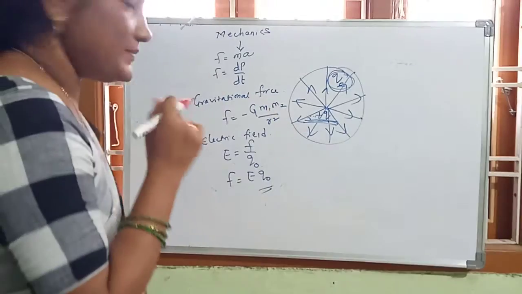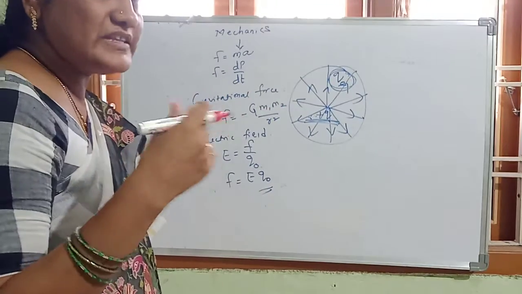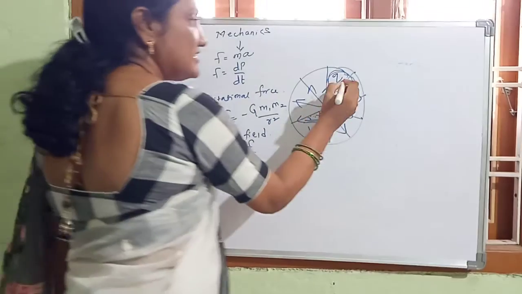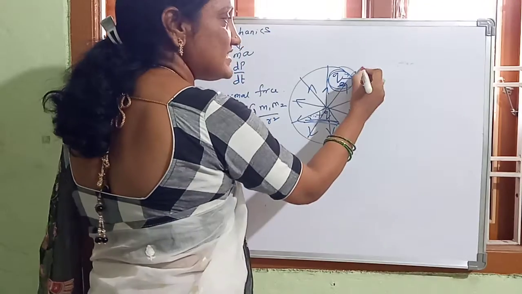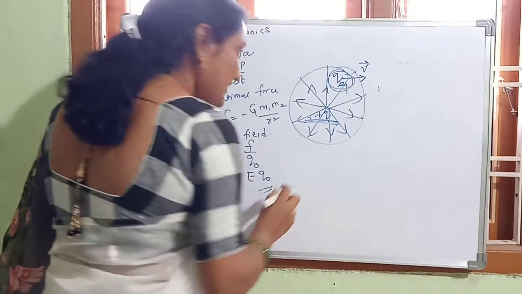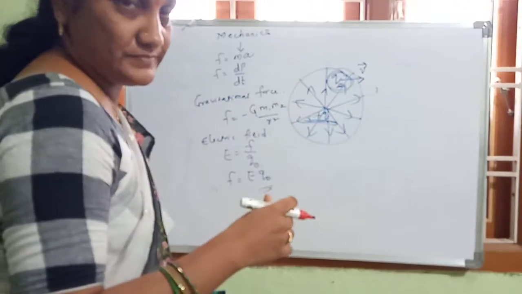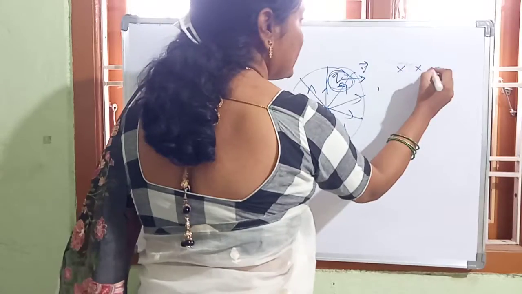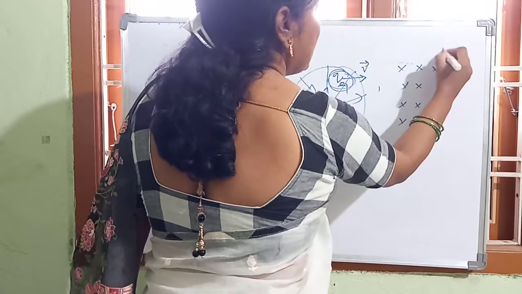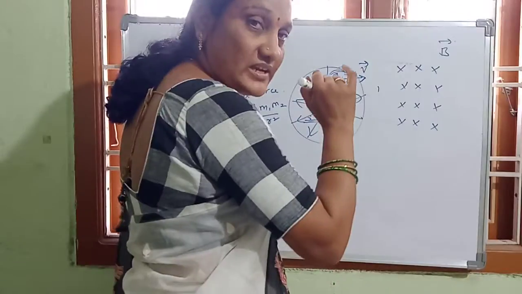Alright. Now similarly, if you want to write the force in terms of magnetic field and velocity, suppose this test charge is moving with a certain velocity v in the field, and B is the magnetic field produced. Here I am drawing the magnetic field, these cross marks are the magnetic field. Let B be the magnetic field induction.